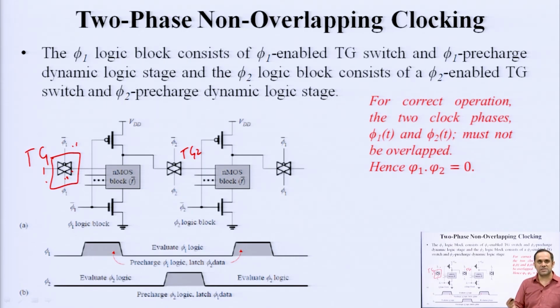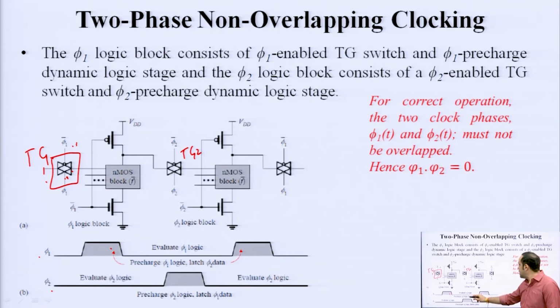When clock is low, this NMOS and PMOS both will be off, right. In that case stage 1 is isolated from stage number 2, right. See the signal phi 1 and phi 2 here. When phi 1 is high, you are doing pre-charging of this end. Okay.